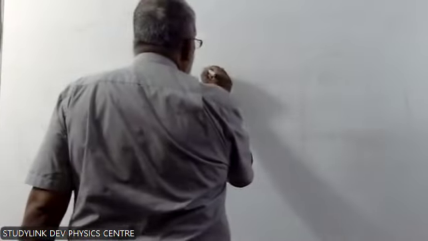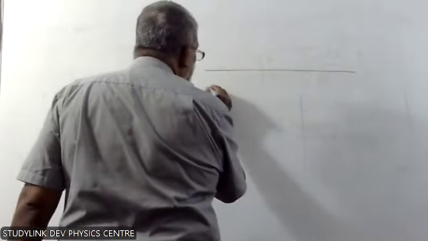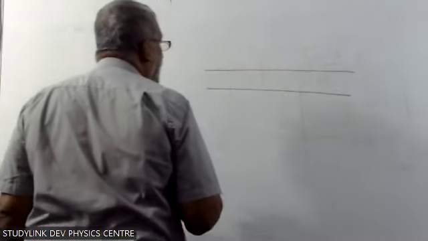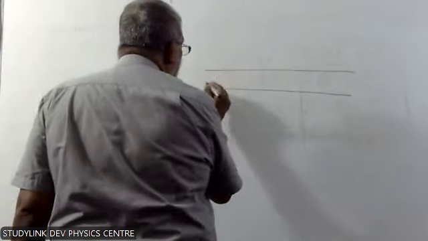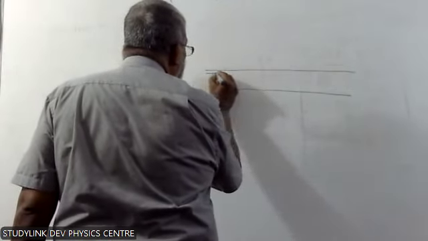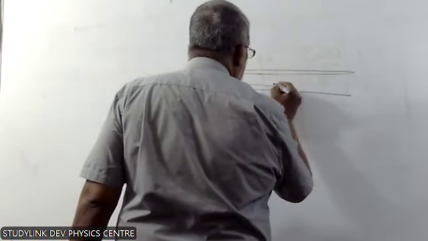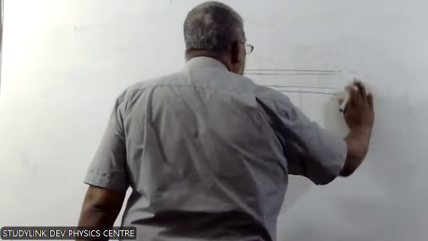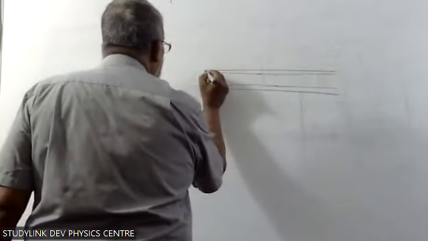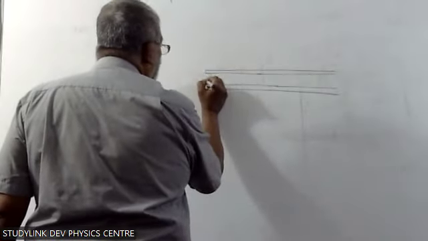First of all, we'll consider the tube. The tube has internal and external diameters. So this is a cross section.